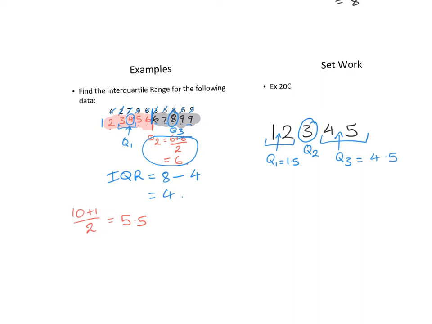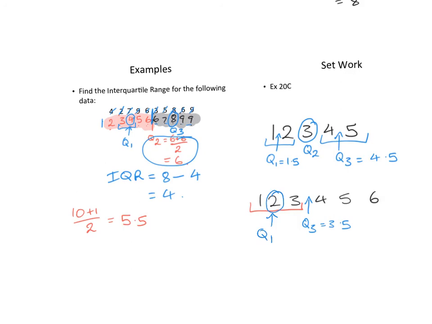If you have an even number of scores, so 1, 2, 3, 4, 5, 6, just an example, the median is between 3 and 4, so it's 3.5. Then the lower quartile is the median of these 3 scores, which happens to be a 2.